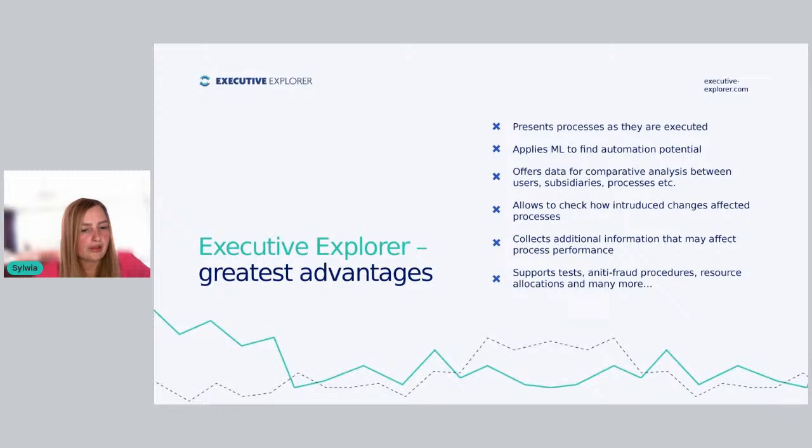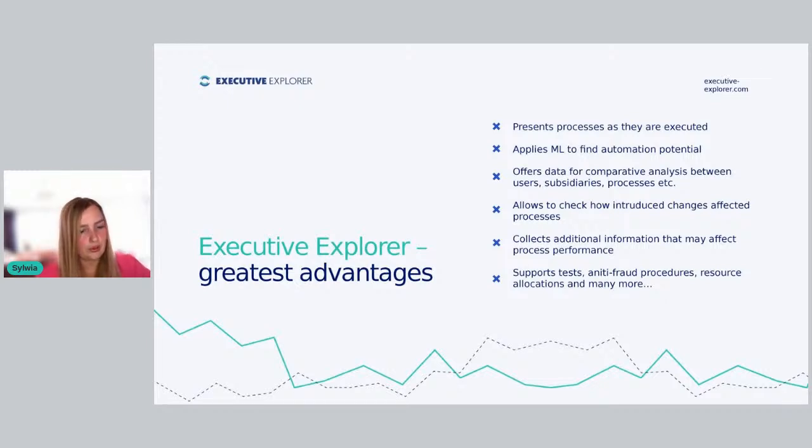It also offers data for comparative analysis between different users, subsidiaries, processes. So for example, if you have similar processes in different subsidiaries, you may check how they perform and what are the differences between them. So, if one company is more effective at a given process than other, you may be able, thanks to our tool, to find the reasons why. Additionally, the same comparison may be done between users, processes, etc.